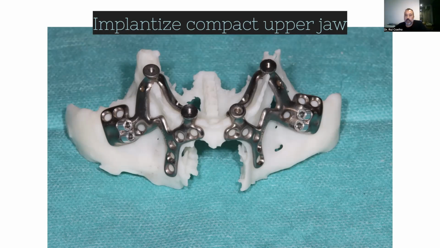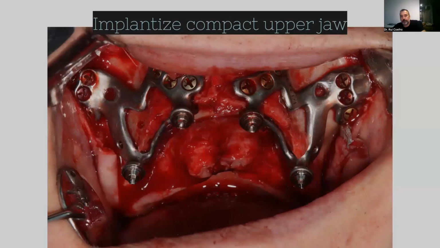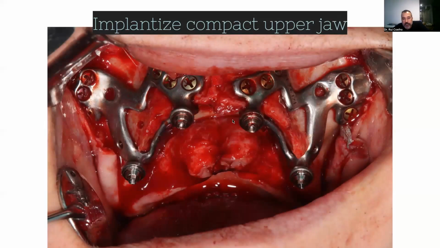It's like the screw-lock system in plates. And you can see it here. These ones are inside this part that has the threads, okay? These are 2.7 screws, okay?